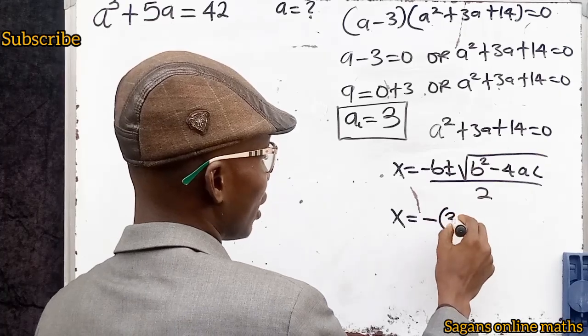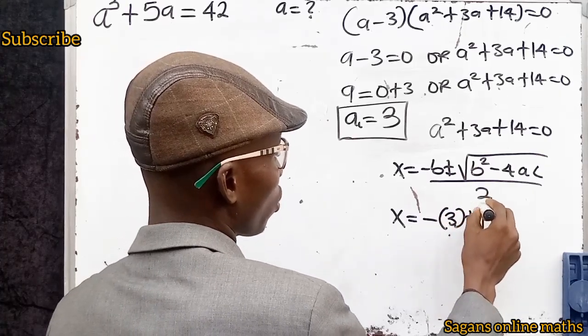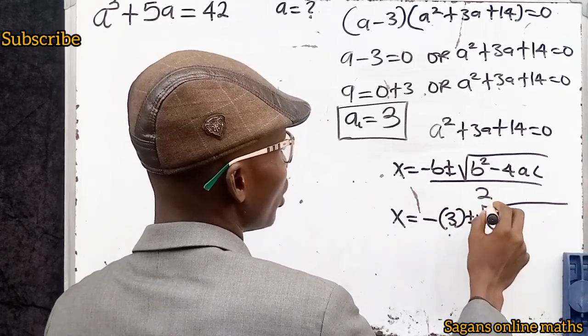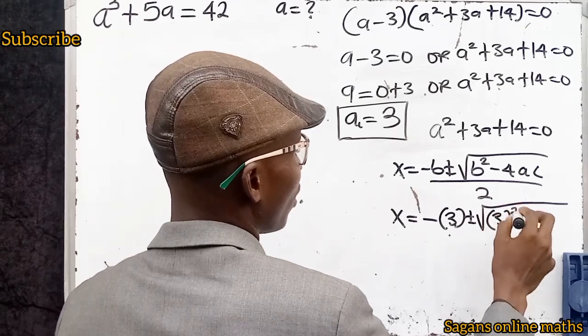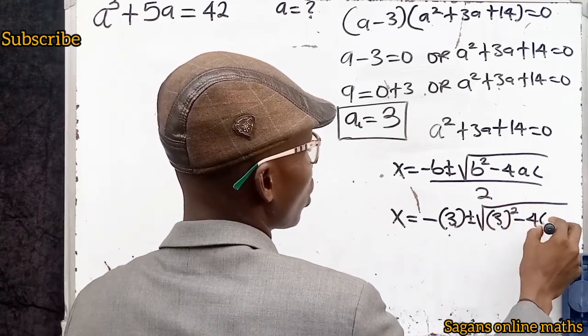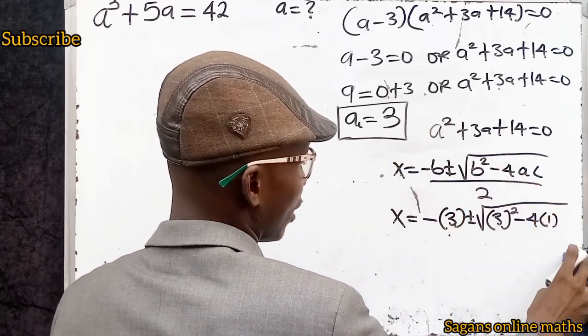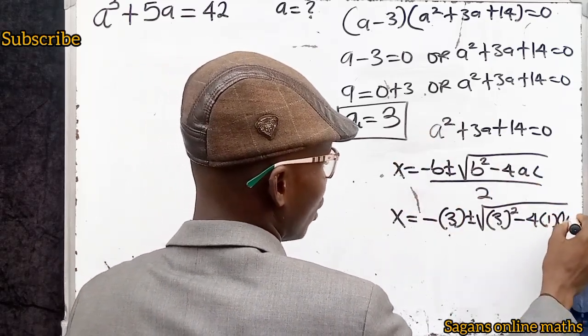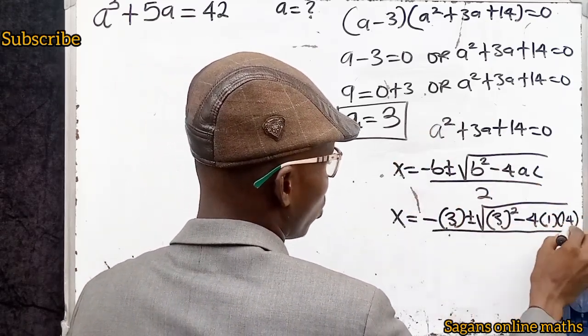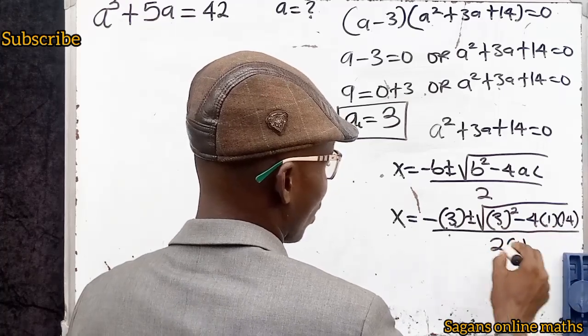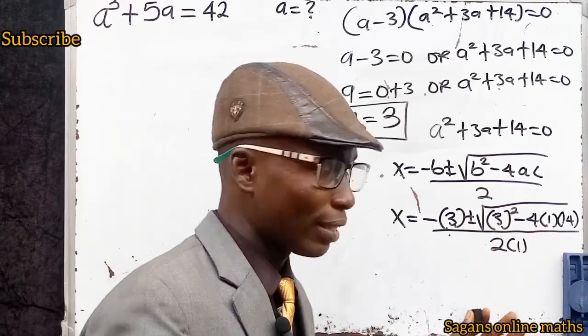Minus 3, plus or minus the square root of b squared, b is 3, so 3 squared, then minus 4 into a, a is 1 because the x squared coefficient here is 1. Then c is 14, divided by 2 into 1 because our a is 1. Wow, this is amazing, right?